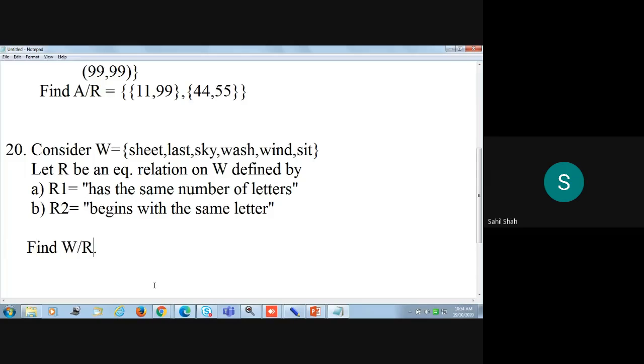You have to find the partition with respect to R1 and the partition with respect to R2.